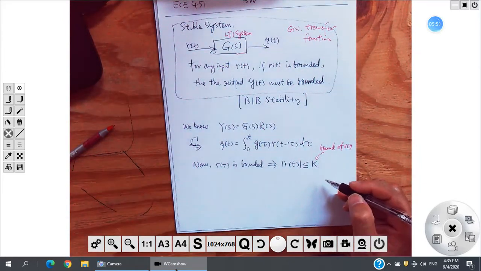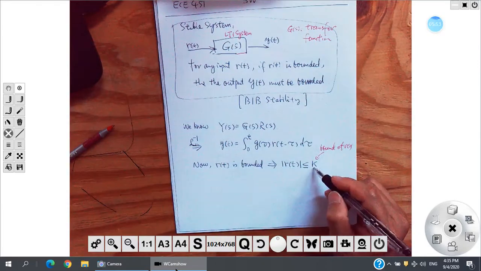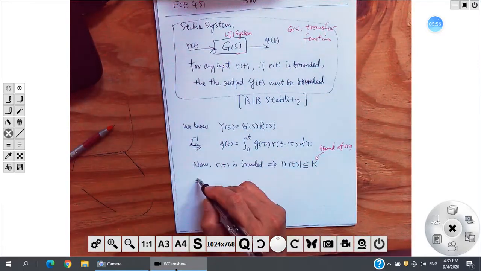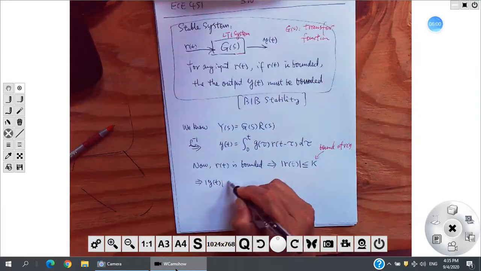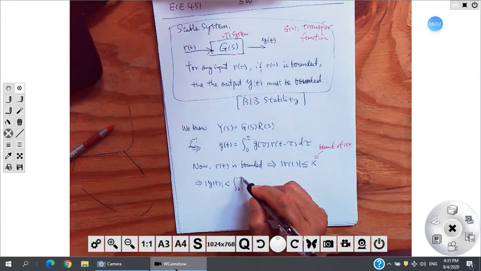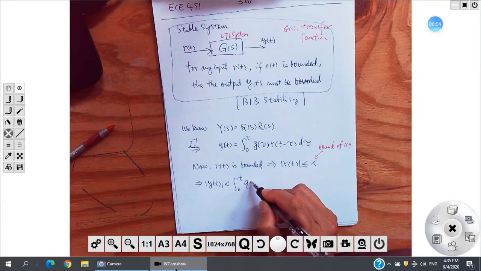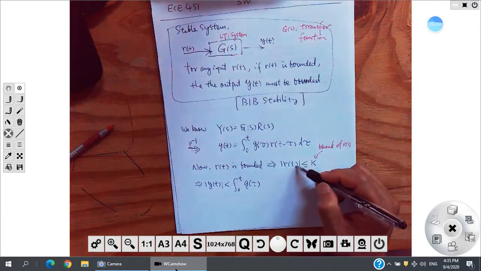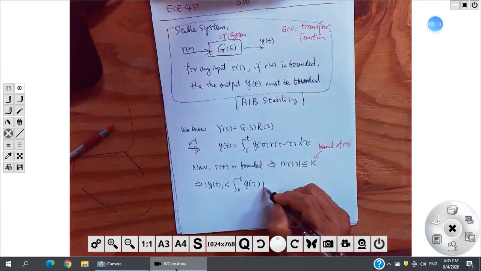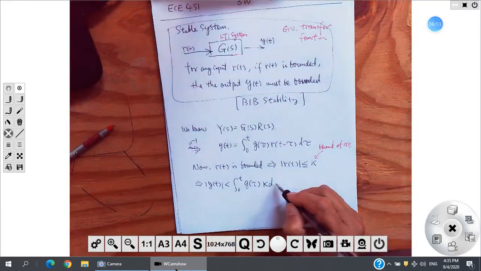Right? Okay, then you plug in here, then we have the absolute value of y smaller than the integration, it is still integration, g is still g, and you replace r by k, right? So we have this.